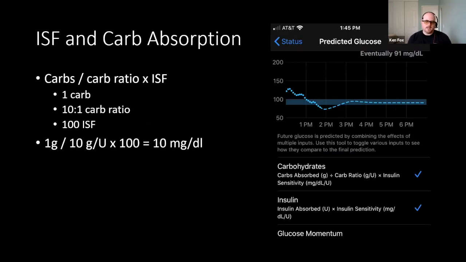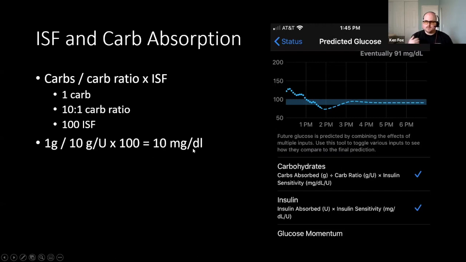I tried to take you through this prediction screen and explain how Loop calculates carbohydrate impact. Basically it says carbs absorbed, how many you ate, divided by your carb ratio, times the ISF. So in the case of a 10-to-1 carb ratio, you ate 1 carb and you have 100 as your sensitivity, Loop expects that 1 gram of carbs will move you 10 mg/dL, right?